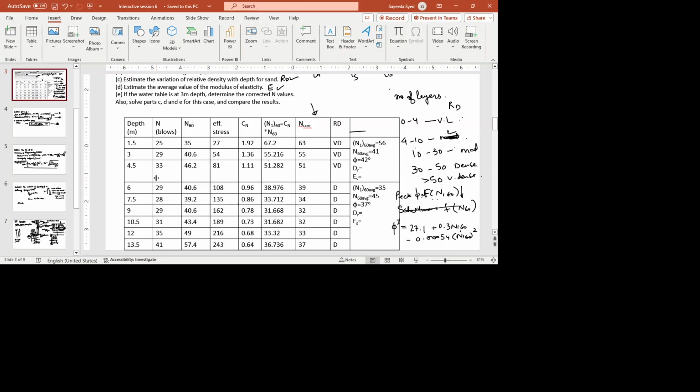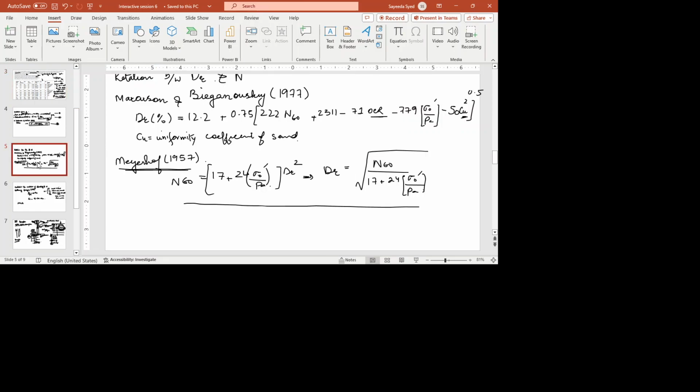root of 42 over 17 plus 24 into 18 into 1.5 over 100.